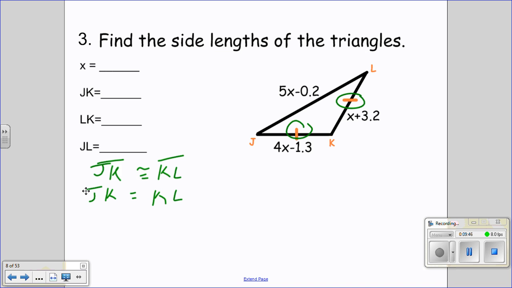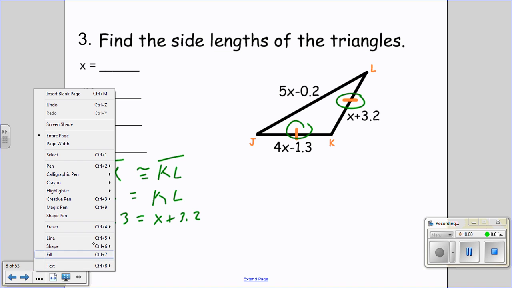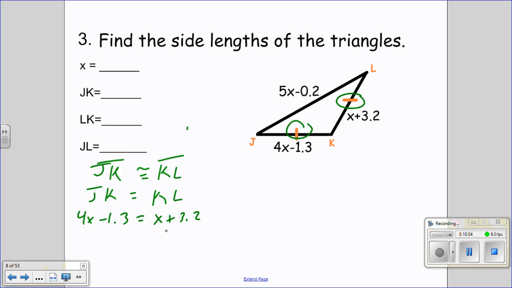Well, now that I know that, I can put 4x minus 1.3 equal to x plus 3.2, and this will help me solve for x. The first thing I would do is subtract x on both sides.